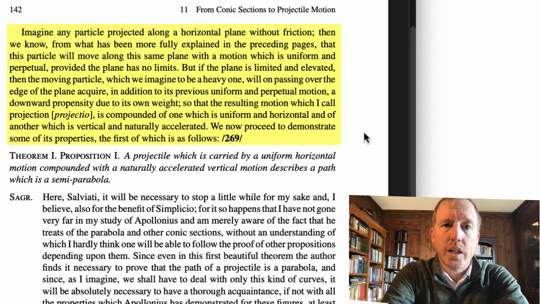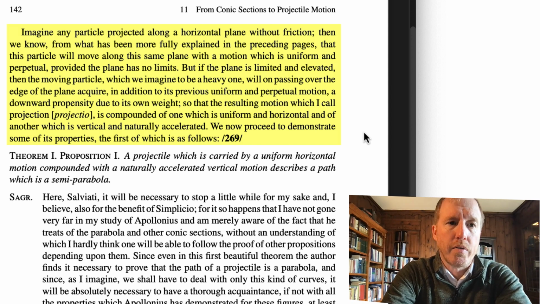But if the plane is limited and elevated, then the moving particle, which we imagine to be a heavy one, will on passing over the edge of the plane acquire, in addition to its previous uniform and perpetual motion, a downward propensity due to its own weight, so that the resulting motion, which I call projection, projectio, is compounded of one which is uniform and horizontal, and another which is vertical and naturally accelerated. We now proceed to demonstrate some of its properties, the first of which is as follows."